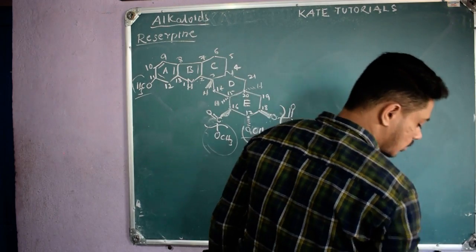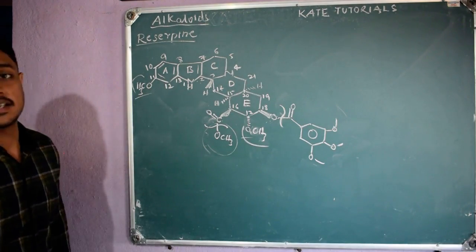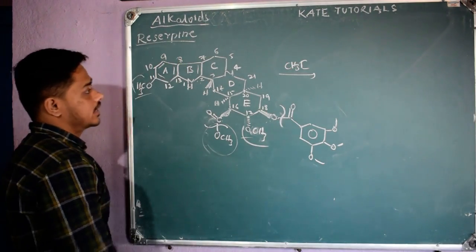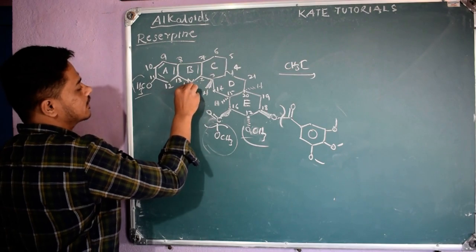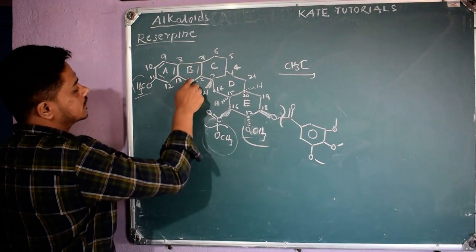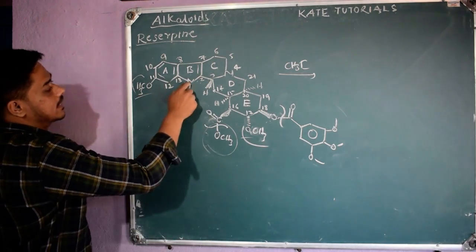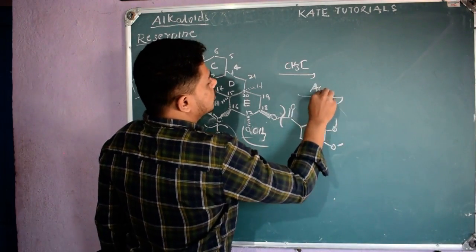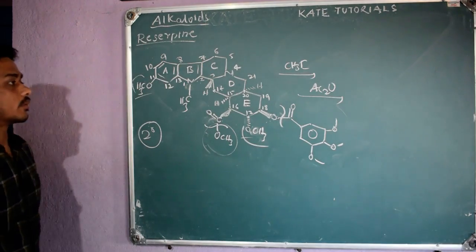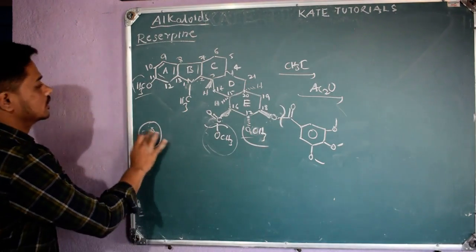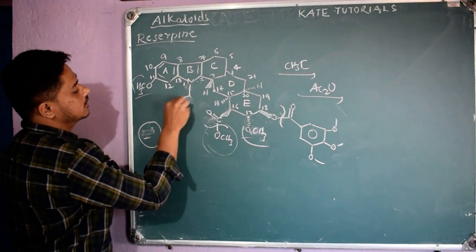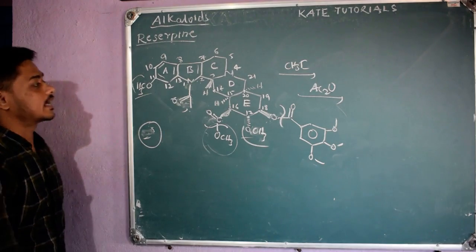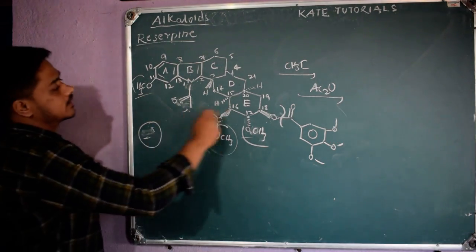And also I told you, for determining the nature of nitrogen, we add methyl iodide, CH3I. When I added methyl iodide, since there is NH, we will get NCH3. So we concluded that an NH nitrogen will be there, so it will be secondary. When I do Ac2O as the first step, then I will get NCOCH3, CH3CON, this bond formation happened in the first step.